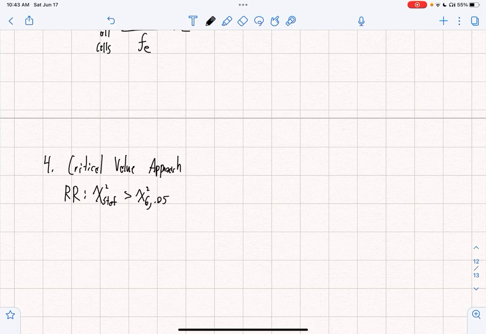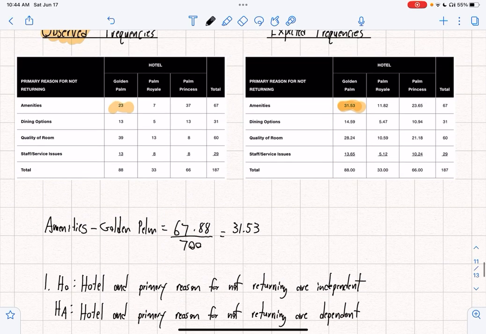Where did I get that? Well, remember, degrees of freedom is r minus 1 times c minus 1.